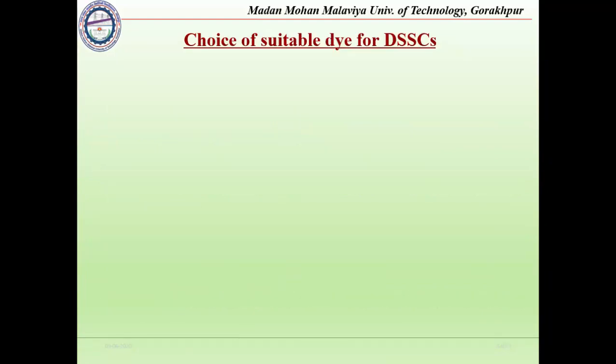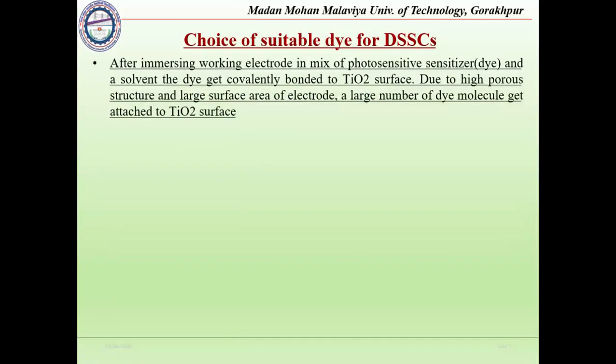Now what is dye? Why is this solar cell known as a dye-sensitized solar cell? This is the basic component of this type of solar cell. The dye is a photosensitizer, a photosensitive material responsible for absorption of sunlight. After immersing the working electrode in the dye solution, the dye gets covalently bonded to the titanium dioxide surface.